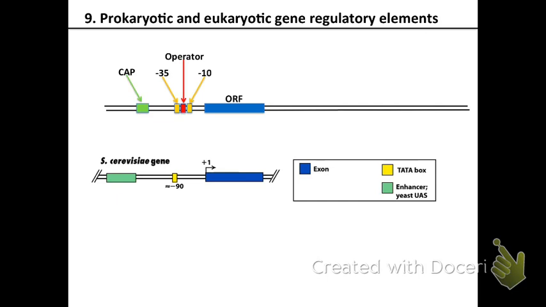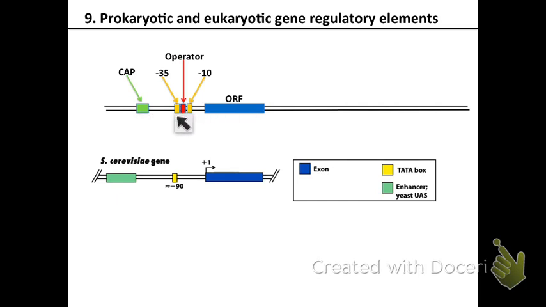Again, the eukaryotic gene regulatory elements, you have more of them, and they're a little bit more complex than prokaryotic elements. Okay? So in prokaryotes, what you have typically is an open reading frame, and right upstream of it is the promoter, right?